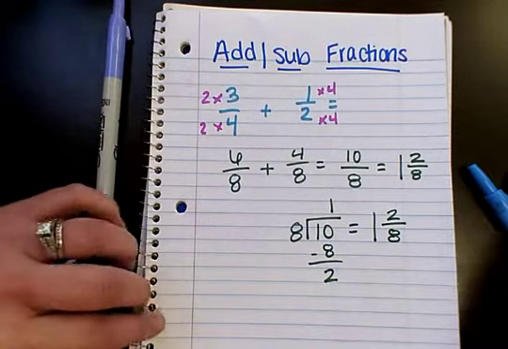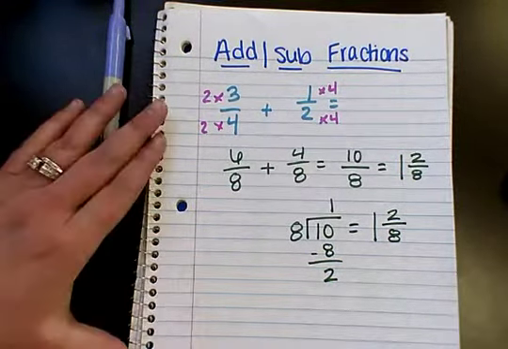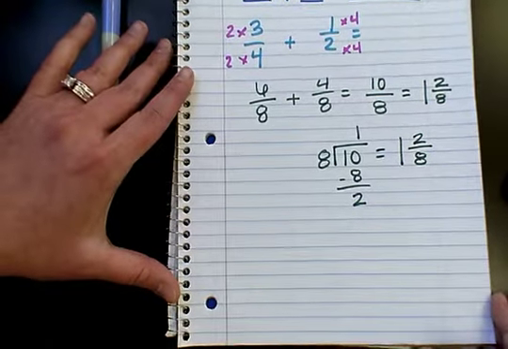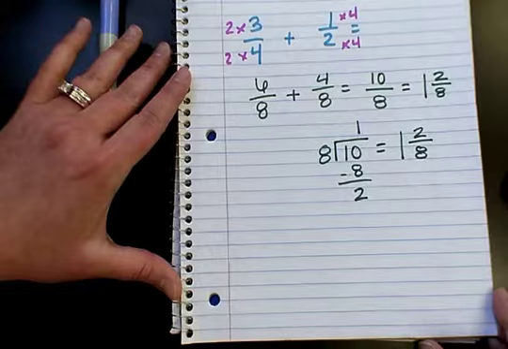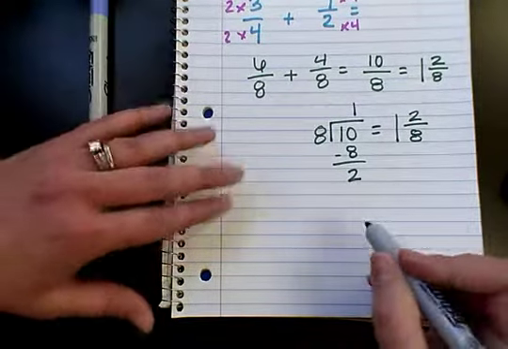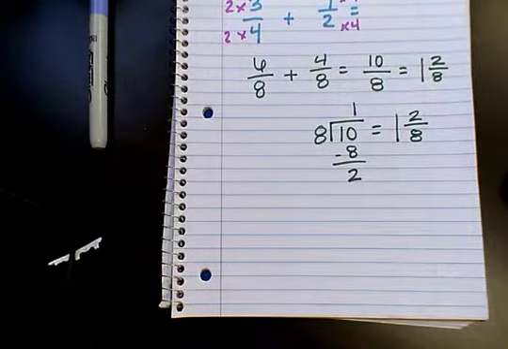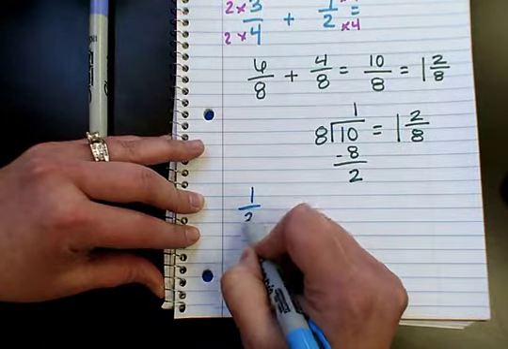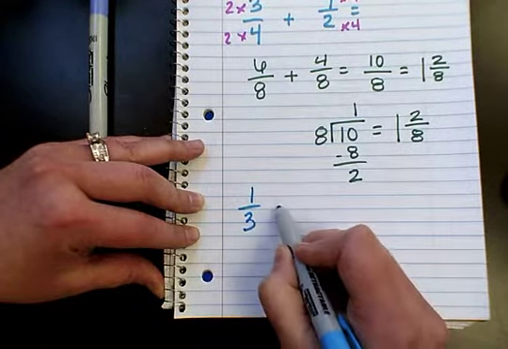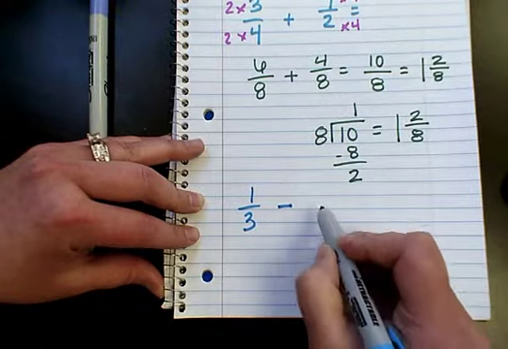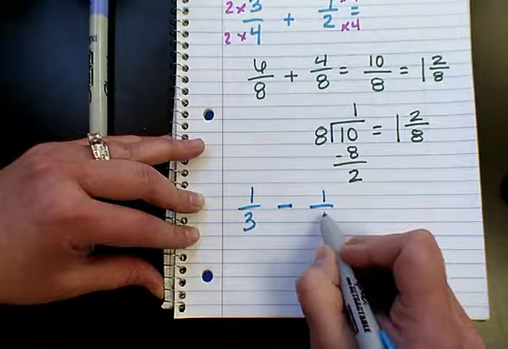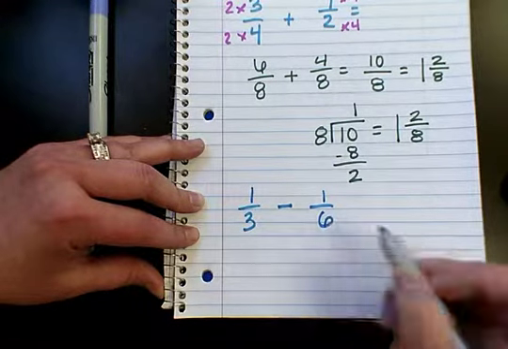I'm going to work out one more problem. This time I'll do subtraction, just to show that it is still the same steps, but maybe with a little bit more complicated mix of denominators. Let's say we've got 1/3, and we're going to subtract 1/6 from it.